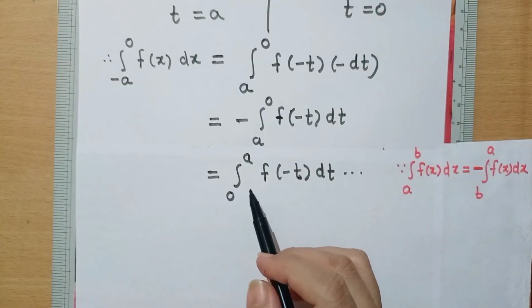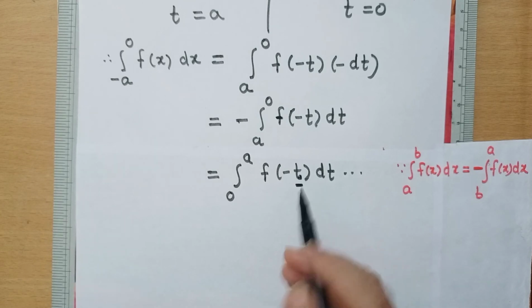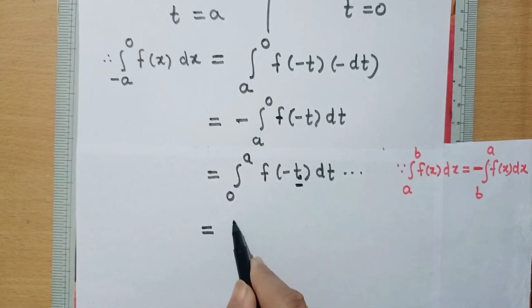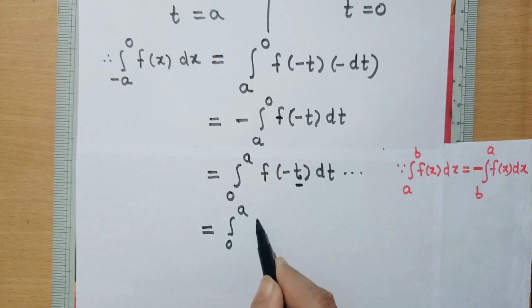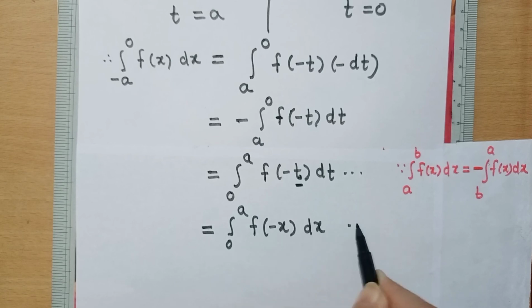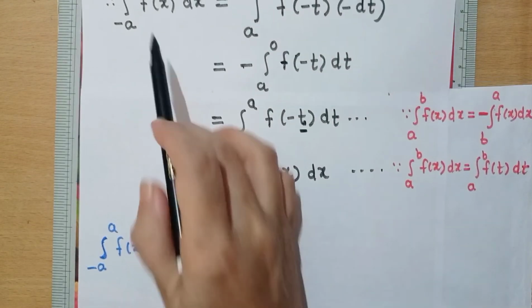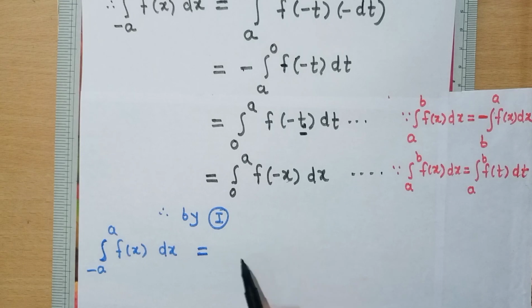and by property 3 we know that definite integration is independent of the variable. So instead of this we can write x also. So here f of minus x dx by property 3, and therefore by 1 we will write this first integral as this.